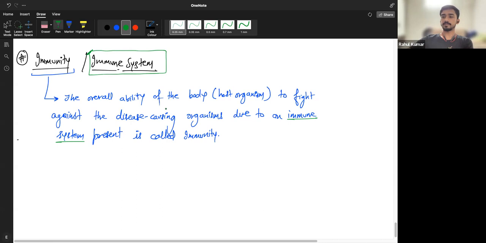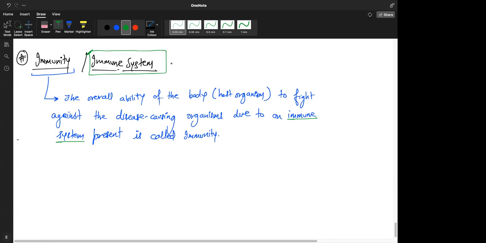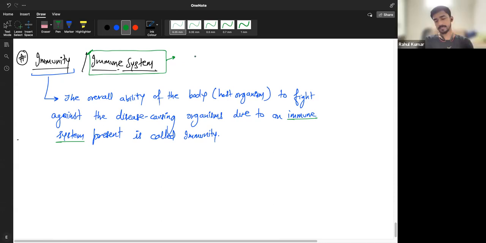It is an adaptation of the body. It consists of many cells and tissues which are organized to carry out defenses against these external agents or pathogens.